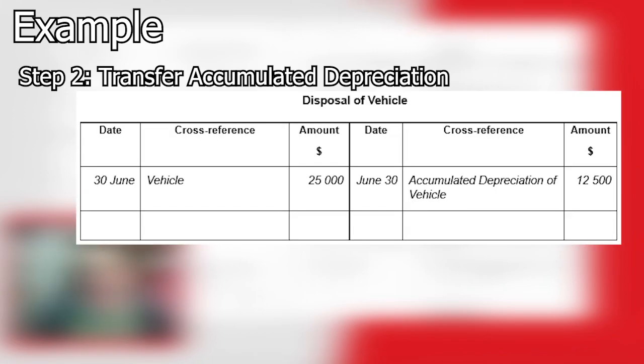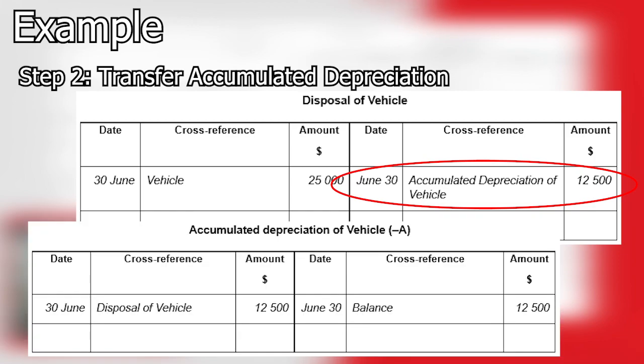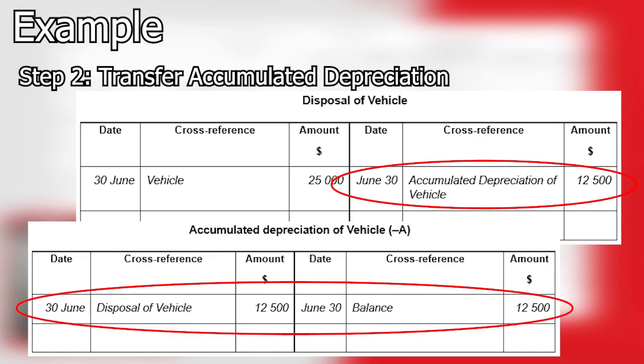We can see disposal of vehicle, we have now added the accumulated depreciation, $12,500 on that credit. Meanwhile, the accumulated depreciation of vehicle, that negative asset, is now 0 because we have cancelled out that $12,500. Then number 3, we transfer the selling price. Now, this is where there's been a new change, so pay attention.